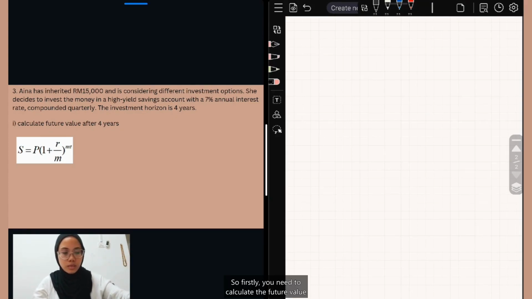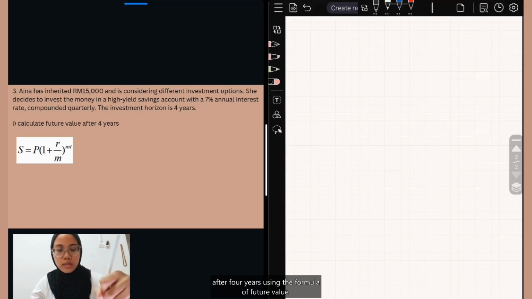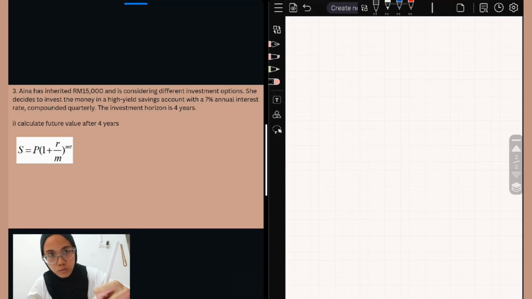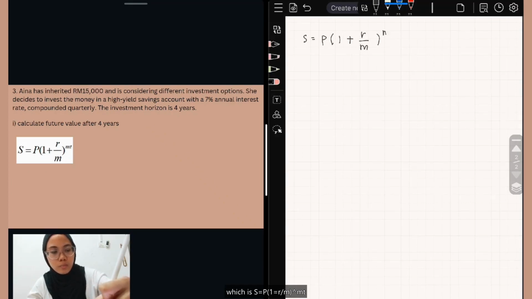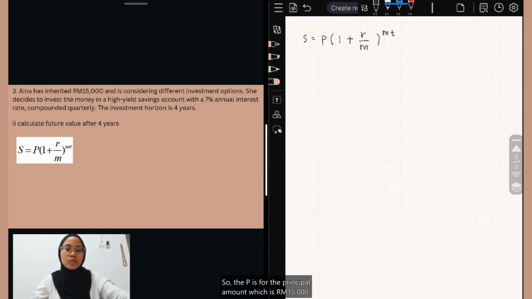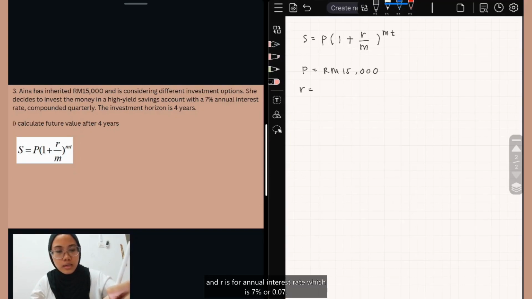So firstly, you need to calculate the future value after 4 years using the formula for future value, which is S equals P open bracket 1 plus R over M close bracket to the power of MT. So P is the principal amount, which is RM 15,000, and R is the annual interest rate, which is 7% or 0.07.